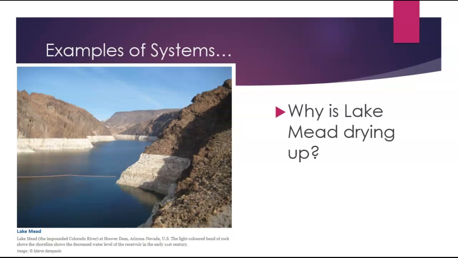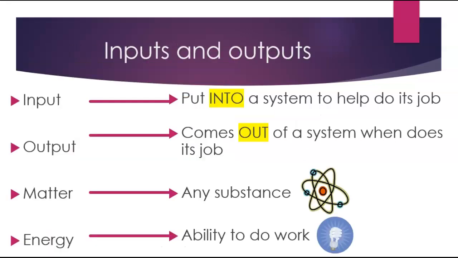Okay, so if the system, for example, is the lake, maybe we're looking at how much water is put in, how much water is taken out. Maybe we're looking at the radiant or electromagnetic energy from the sun and how it's affecting how much water is going into that lake to dry it up. We also will look at outputs of the system. That's the stuff that's coming out of a system.